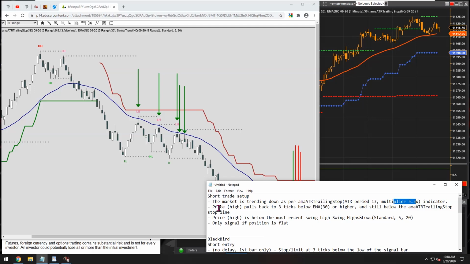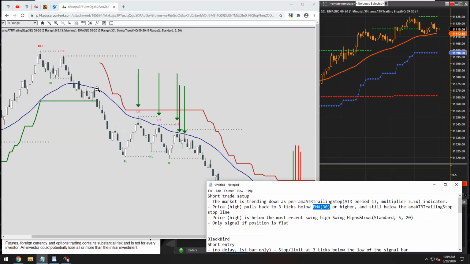All right, the next condition is we're going to monitor price here. So for a short, it's going to be the high price, right? So we're looking for the high of the bar to pull back to basically within 3 ticks. So it can be 3 ticks below the EMA 30.